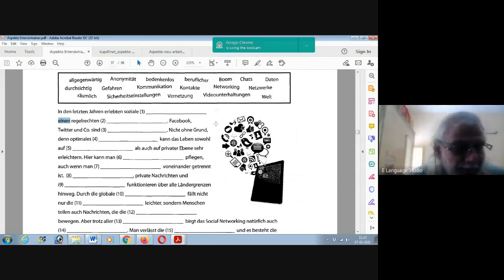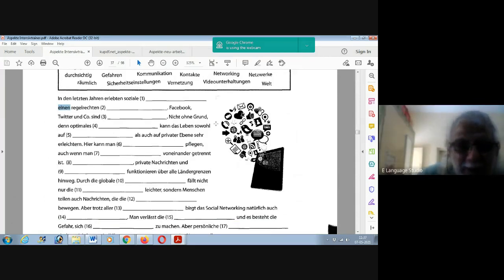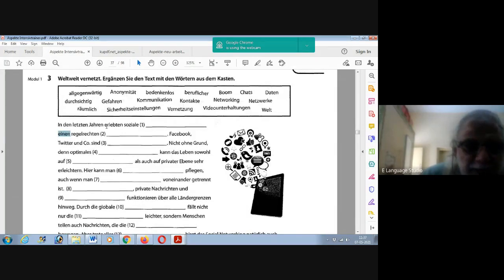So now, look at the opening sentence, langsam. Und da haben wir unseren Text ganz klar. In den letzten Jahren erlebten soziale Netzwerke einen regelrechten Boom. In the recent years, social networks experience a real boom.